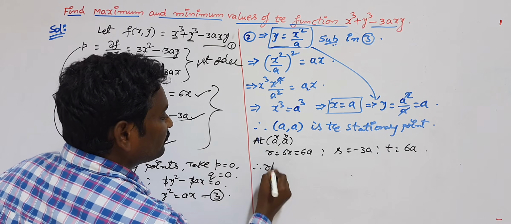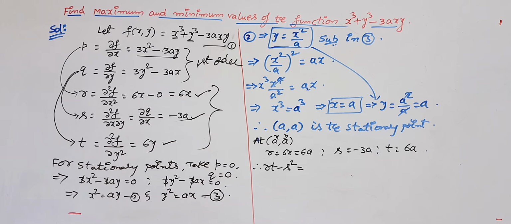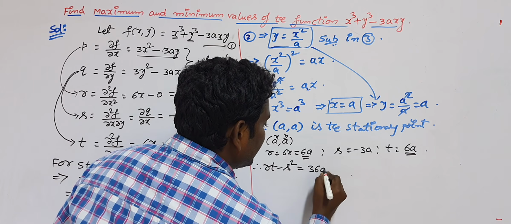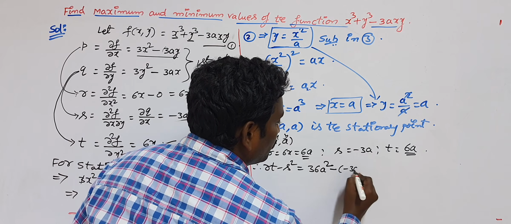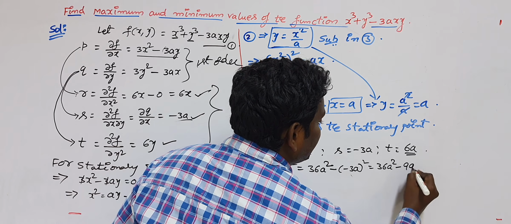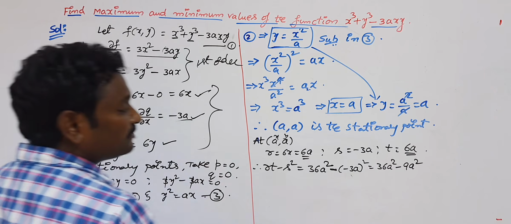So, also you have to find out rt minus s square. What is rt minus s square? 6a into 6a, it is 36a square minus 3a whole square. So, 36a square minus 9a square, because negative square becomes positive, but already a negative sign is there in between them.